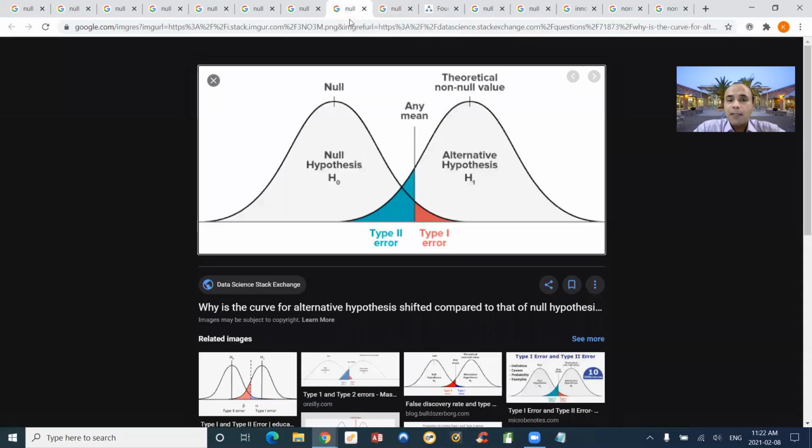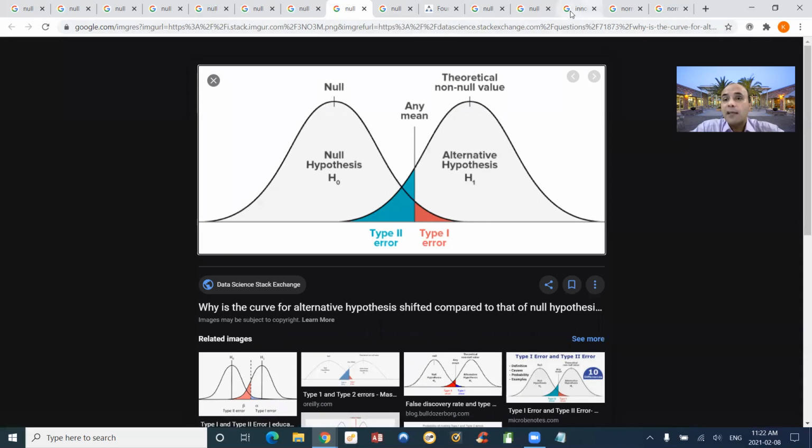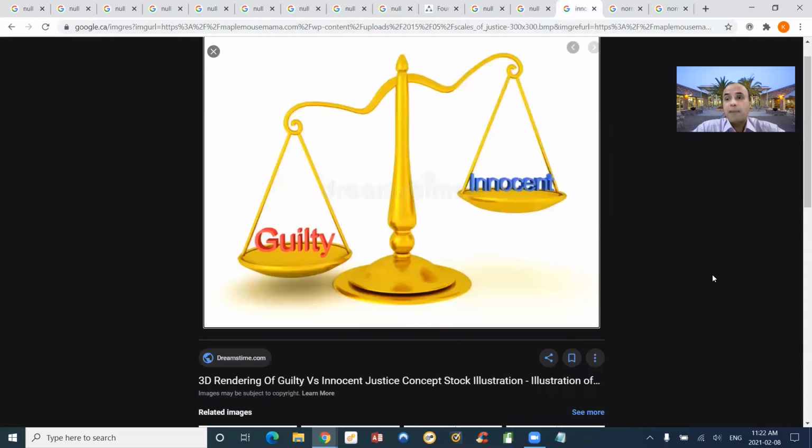So what is happening is that you have a null hypothesis and an alternative hypothesis, H0, H1, H0, HA, doesn't matter, okay? Take a look at the simple example that I gave: a person is innocent until proven guilty. You don't simply go and prove someone to be innocent.